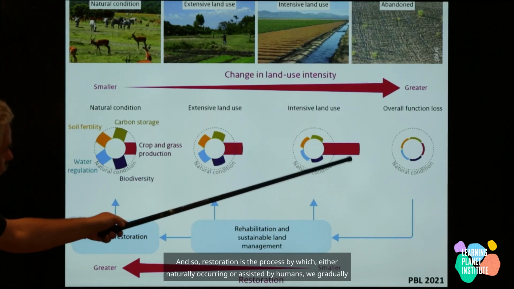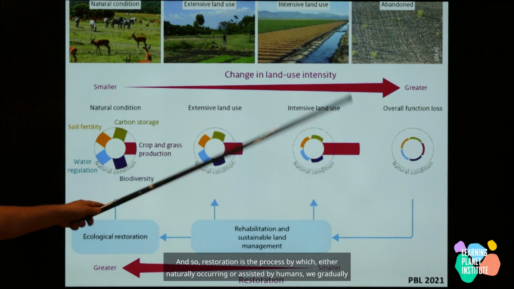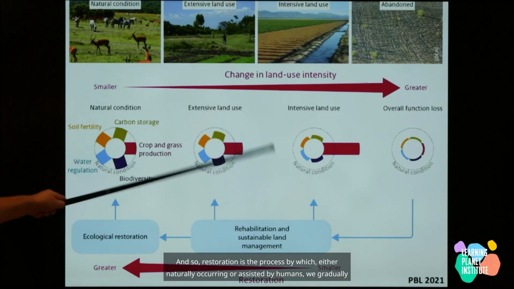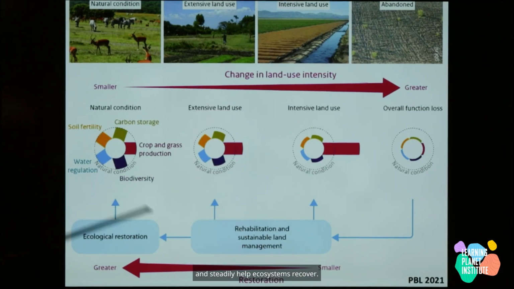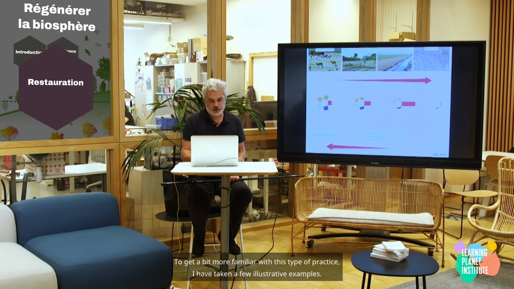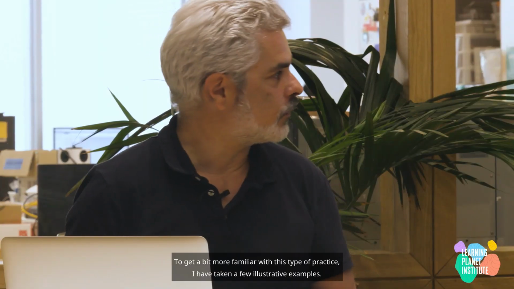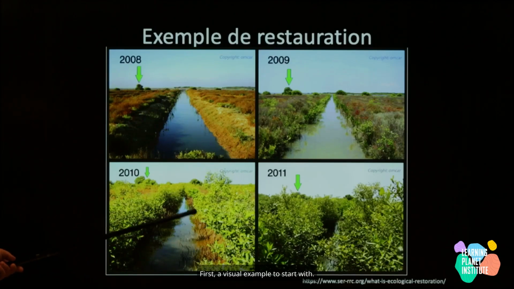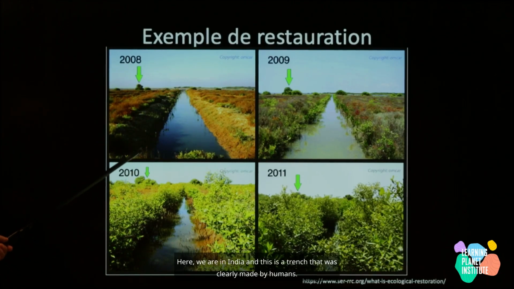And so restoration is the process by which, either naturally occurring or assisted by humans, we gradually and steadily help ecosystems recover. To get a bit more familiar with this type of practice, I have taken a few illustrative examples. First, a visual example to start with. Here we are in India, and this is a trench that was clearly made by humans.